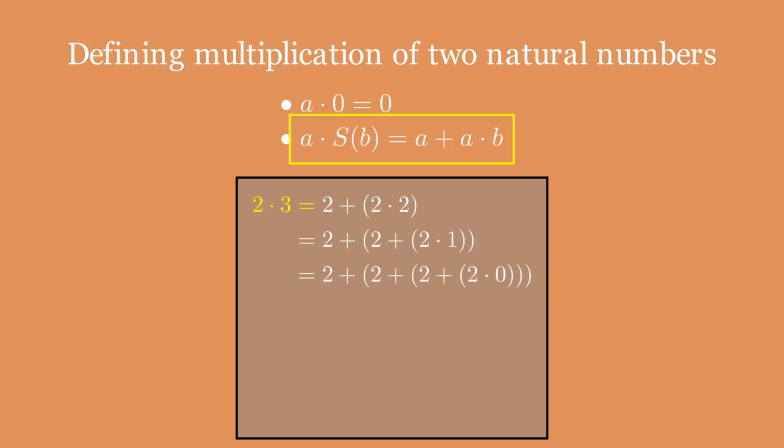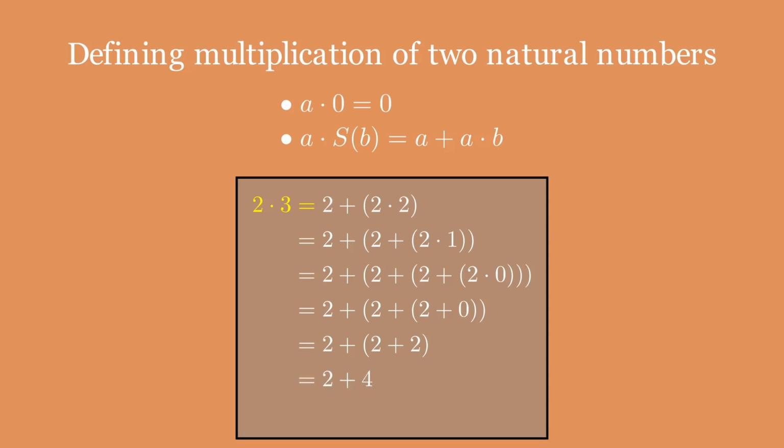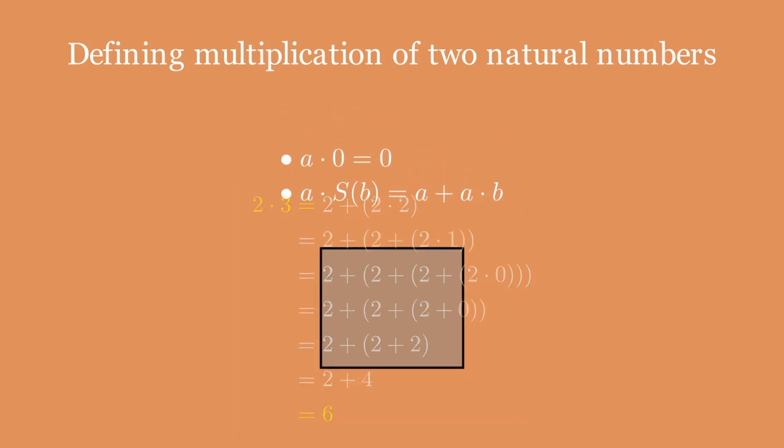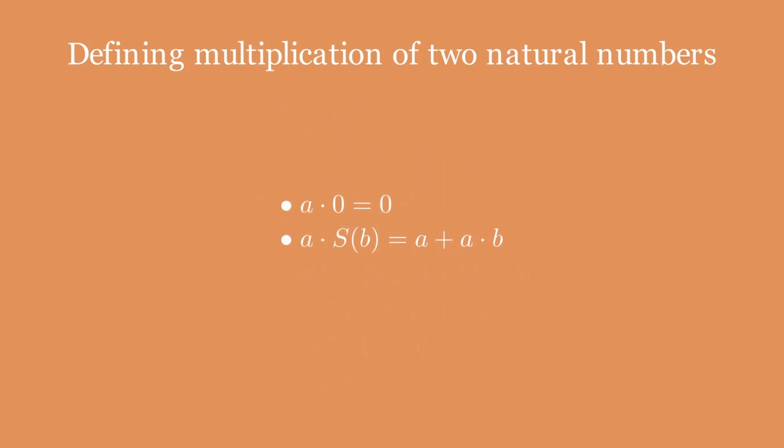And here we can use our first property. We finally get our answer, which is 6. It is important to note that we can take the addition of two numbers for granted here, and we do not go deep into the calculations of them.